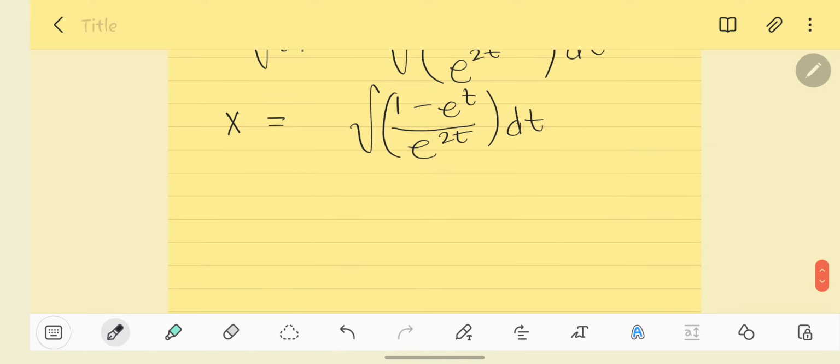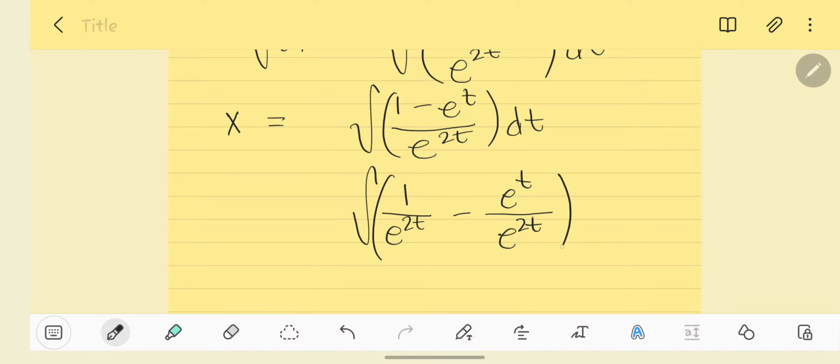We have to do some math here. The integrand becomes 1 over e to the 2t minus e to the t over e to the 2t dt.